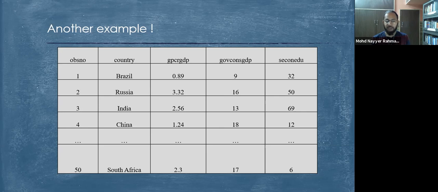So for us, the terms are not important. We need to see whether there is a repetition of samples or not. If there is repetition of sampling units or respondents within the same data set, then it is not cross-sectional. Because Brazil, Russia, India and China are not repeated again, it is also cross-sectional data. Clear?